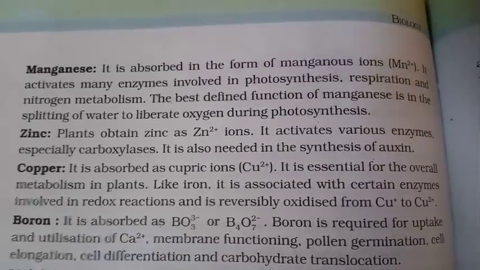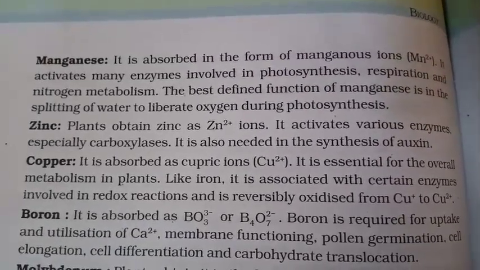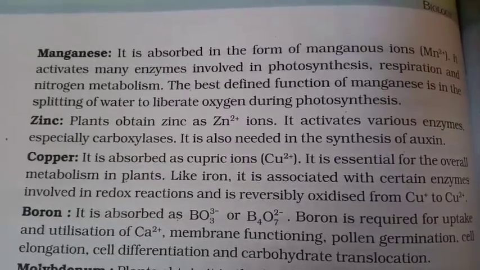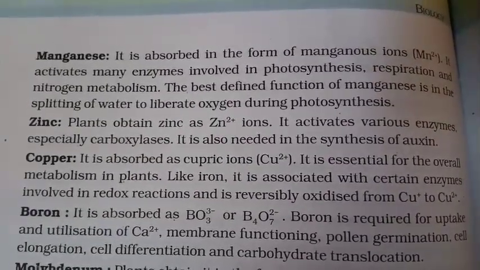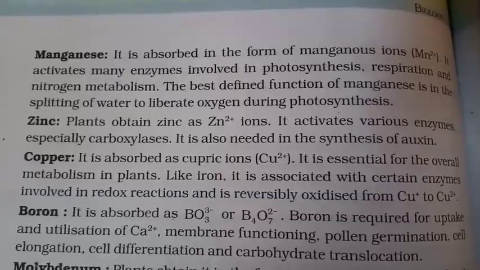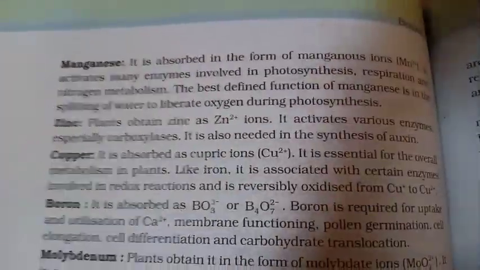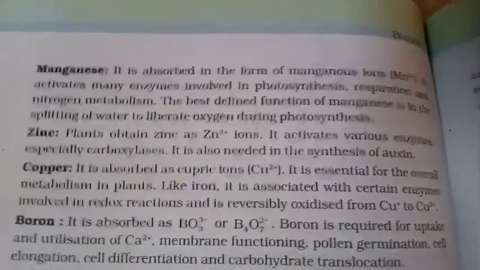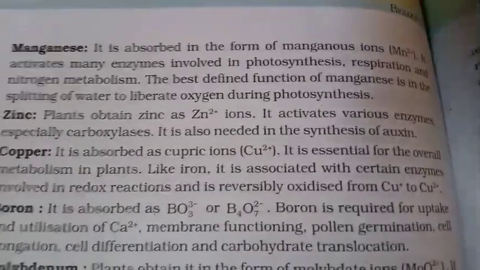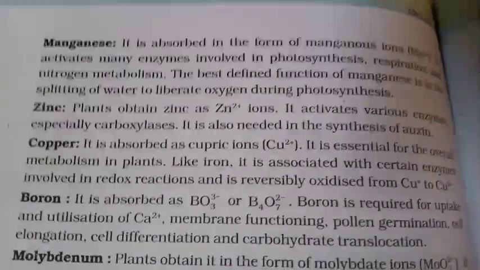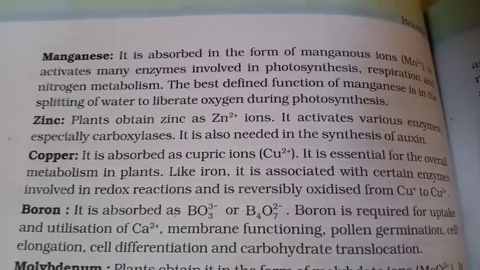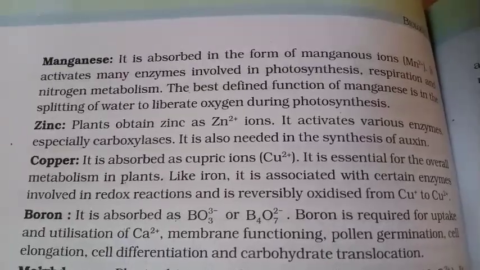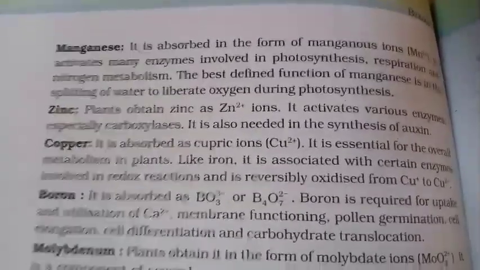Boron is required for uptake and utilization of calcium, Ca2+ ions, and membrane functioning, that is plasma membrane functioning as well as the membranes of the organelles, pollen germination, cell elongation, cell differentiation, and carbohydrate translocation. This is a vital element among these micronutrients.